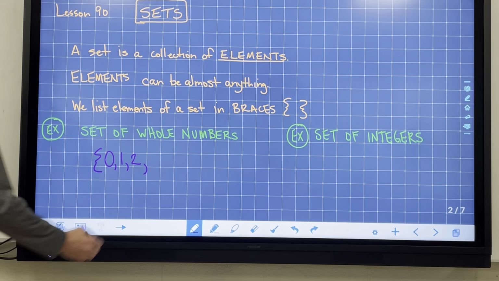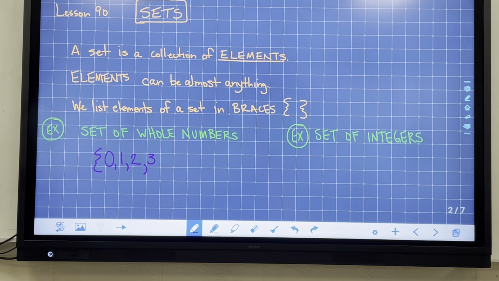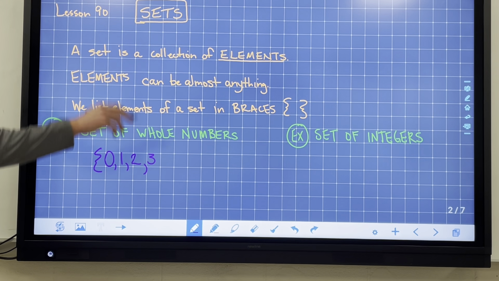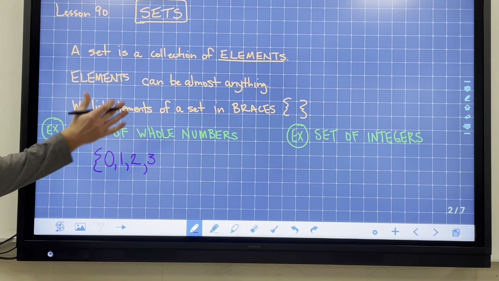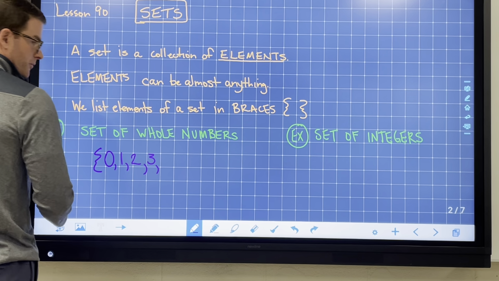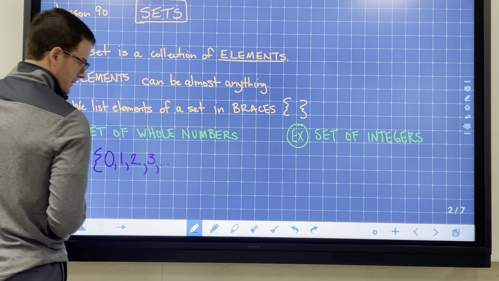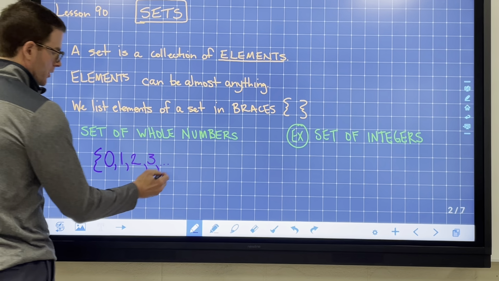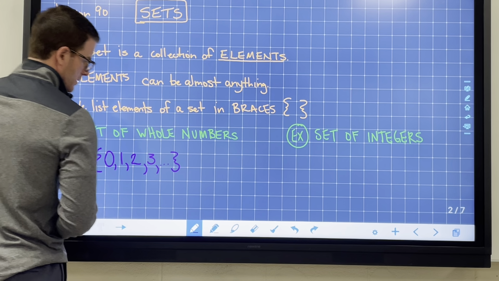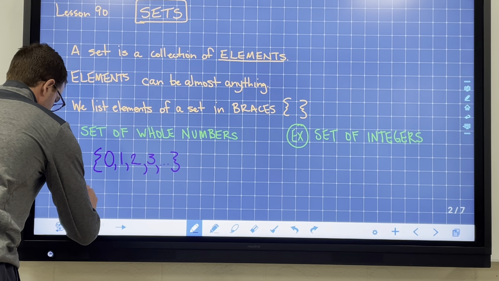Now, if I were to try to write the entire set of whole numbers, hopefully you realize we'd be here forever, because this is going to go on in this direction forever. It starts at 0, it goes to infinity. To avoid being here forever, we're going to use the 3 dots. These 3 dots are called an ellipsis. I'm going to put my brace to end. An ellipsis should be review.